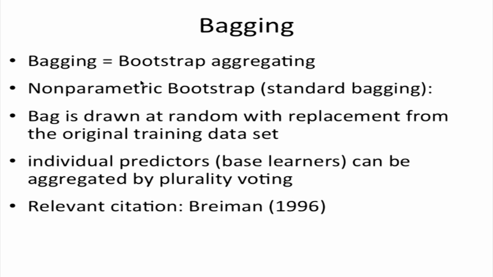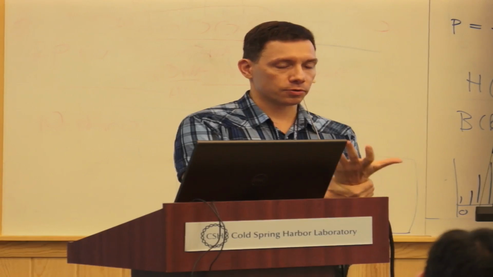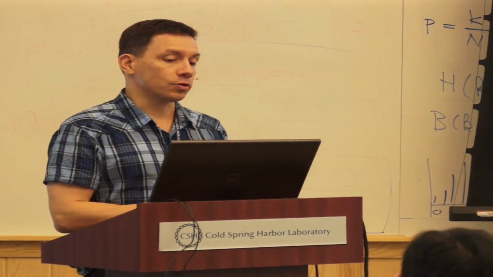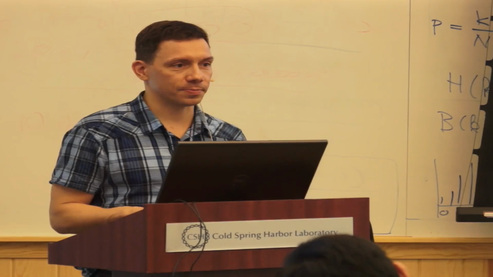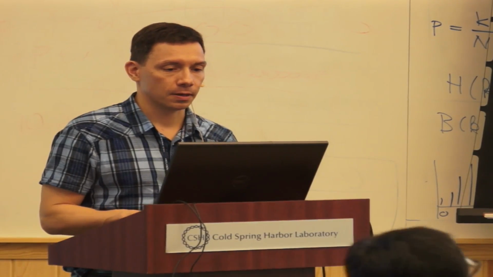When you have a logistic regression model, you could say, well, why don't I bag it to get 500 logistic regression models? And you may hope that this leads to a more accurate predictor. But it turns out that's not the case. There's a reason why people don't bag logistic regression models, because it's not worth it.